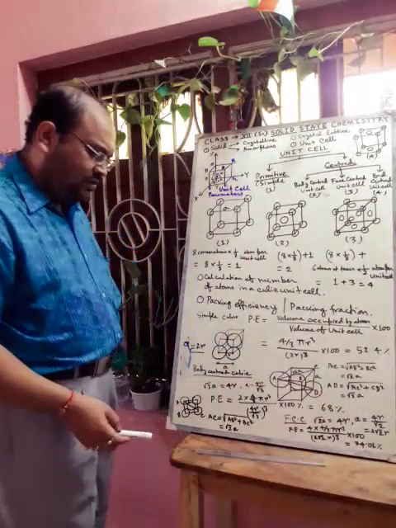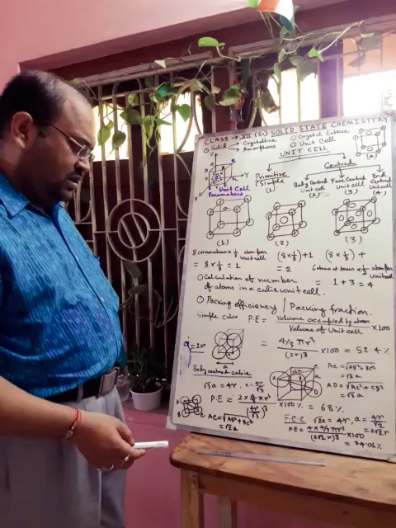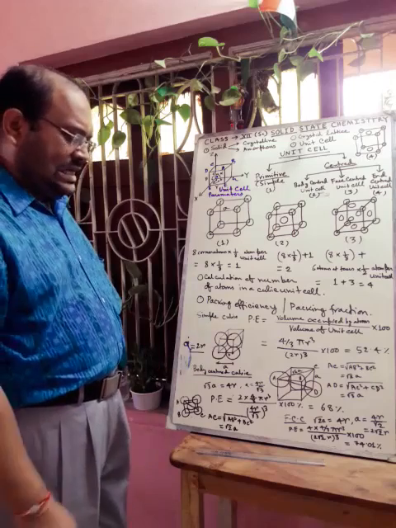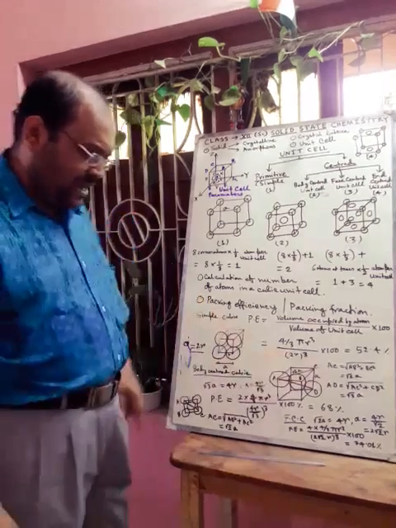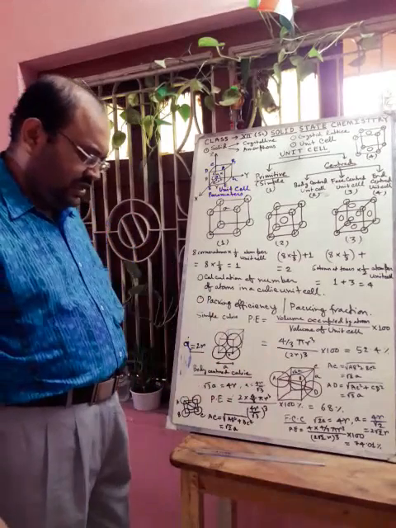Now we have to calculate the packing efficiency. From here we can understand that AD is equal to 4r, so root 3 a is equal to 4r, so a is equal to 4r by root 3.